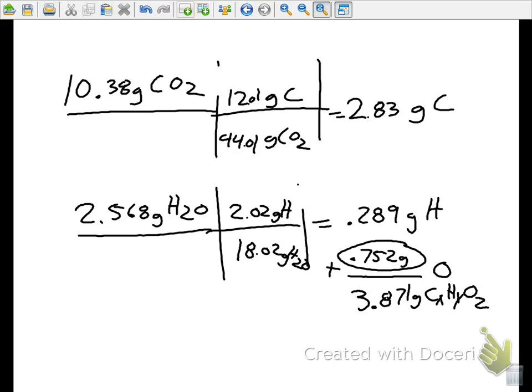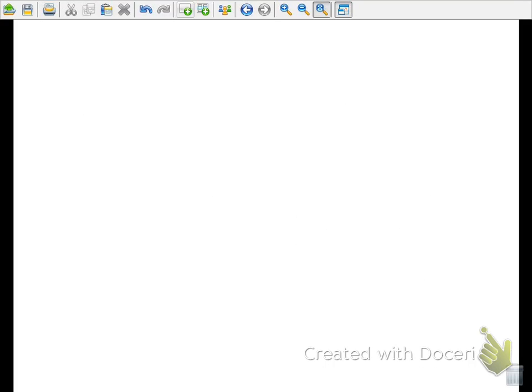So that's how much oxygen I have. So at this point, I have to just go to moles of each one, just like we did yesterday. So I'm going to finish this out, finding the empirical formula. So that's what you do to get all your weights, and then I'll do the rest of it.